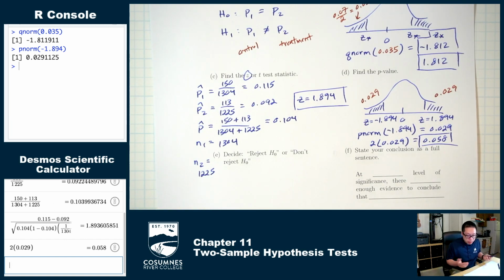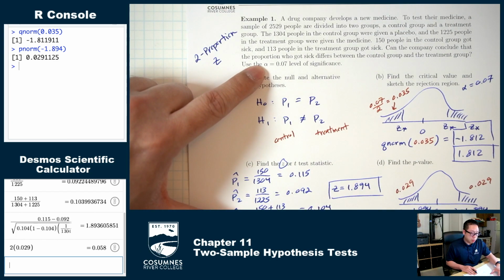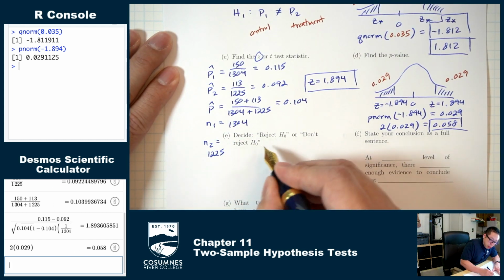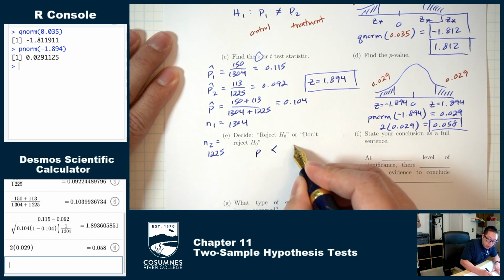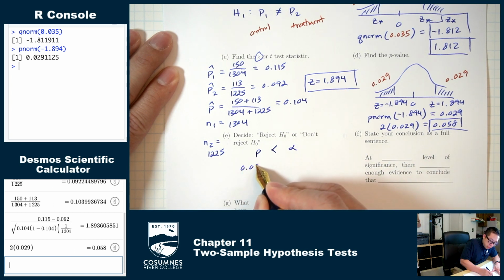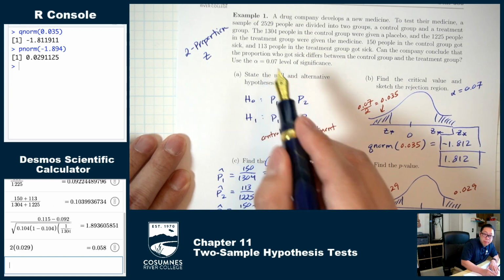And the criteria, what's considered so rare that we're going to say H0 is false, has to do with the alpha, the significance level. So for part E, we're going to check if our p-value is less than alpha. Our p-value is 0.058. Our alpha is 0.07.